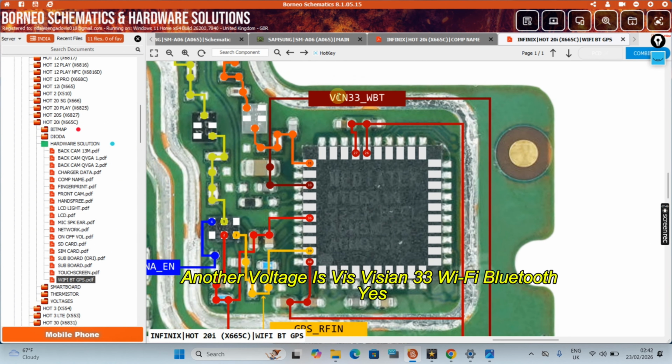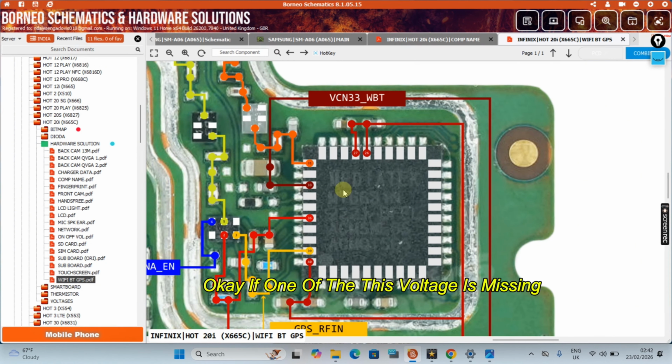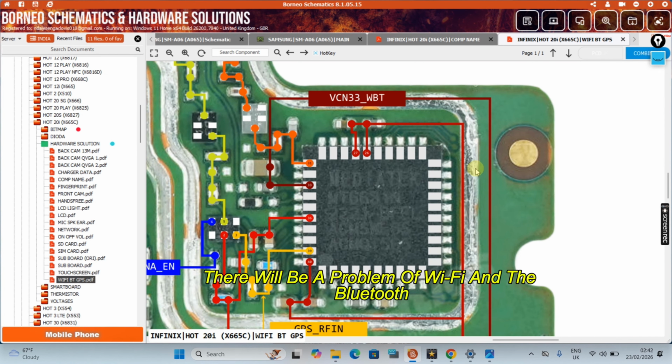Another voltage is VCN 33 Wi-Fi Bluetooth. If one of these voltages is missing, there will be a problem of Wi-Fi and Bluetooth, and even the GPS will not work.